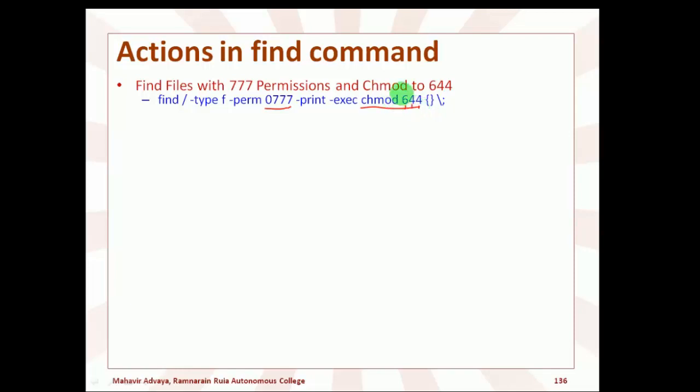So this is the octal representation of giving the permissions. It will search for all the files of type f, that means the simple files, that have the permission 777, that is read, write, execute for all three categories of users.